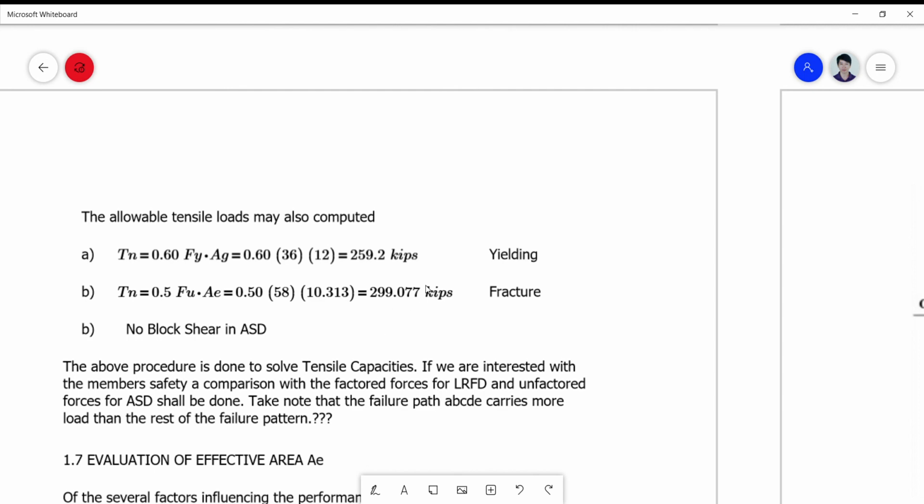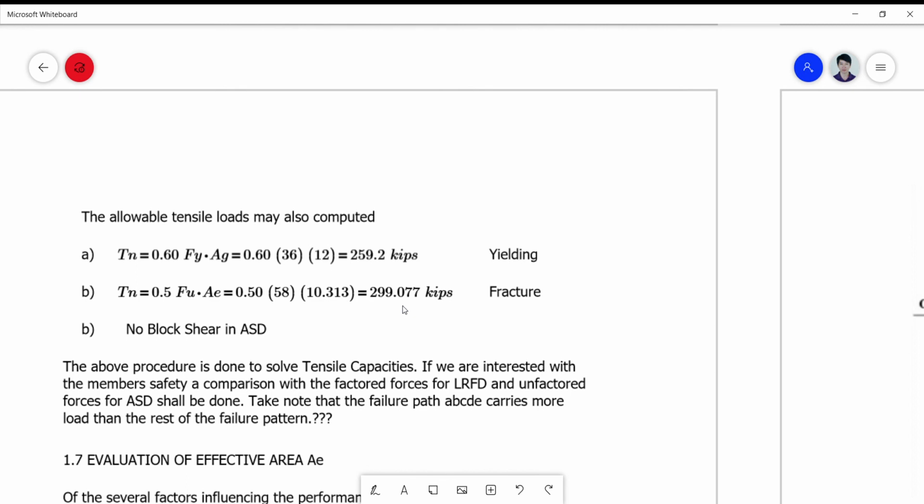We will do some more computations like this and verify how we get the governing strength of your tension member. This procedure is just done to demonstrate how the two limit state procedures work.